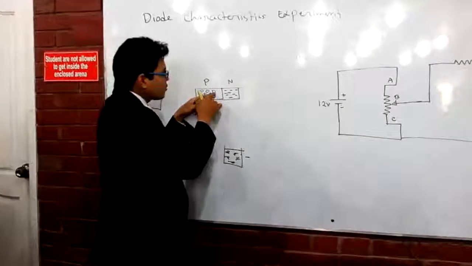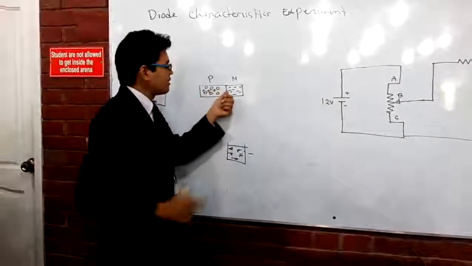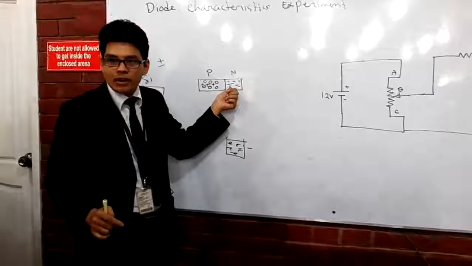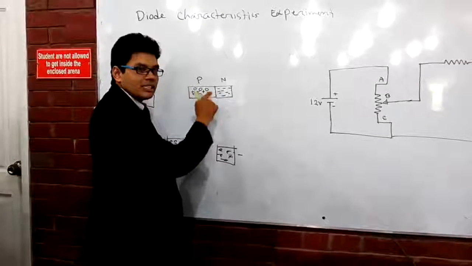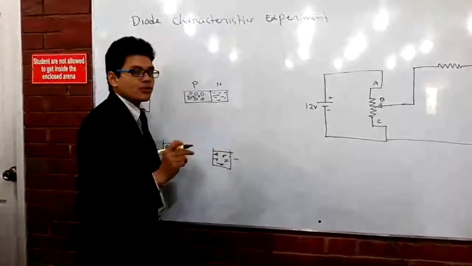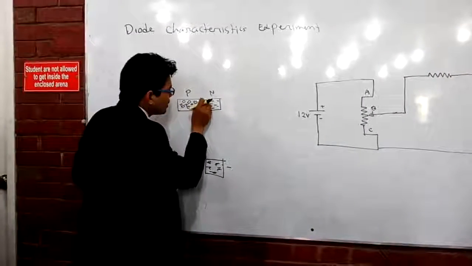Here, these holes are positively charged particles, and these electrons are negatively charged particles. So they attract, and somehow they would like to mix up with each other and get diffused.